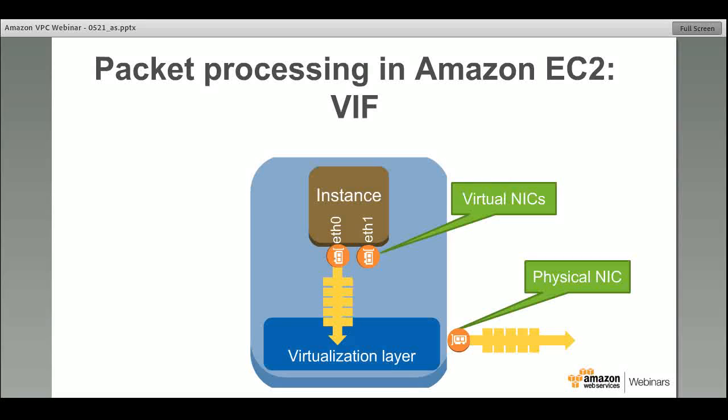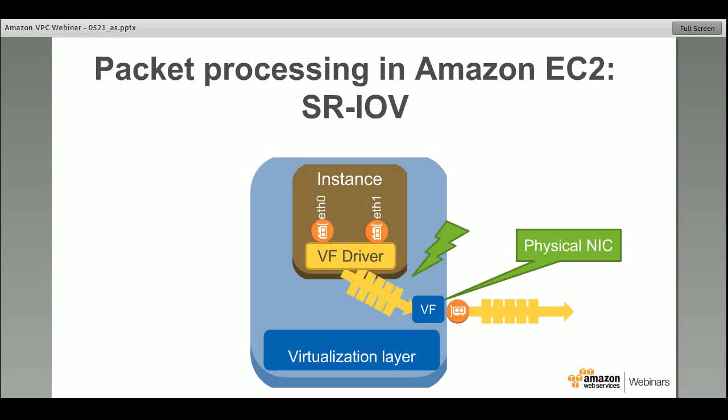What enhanced networking does is provide a capability where traffic is sent from the instance directly through hardware to what's known as a virtual function on the physical NIC. And this allows this network traffic to bypass the virtualization layer and directly access this virtual function to be transmitted out to the network.